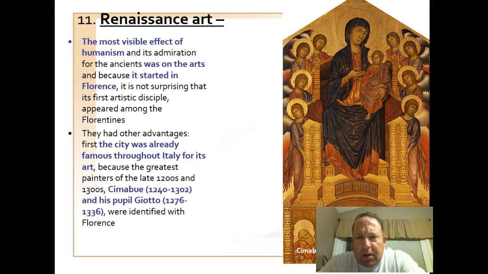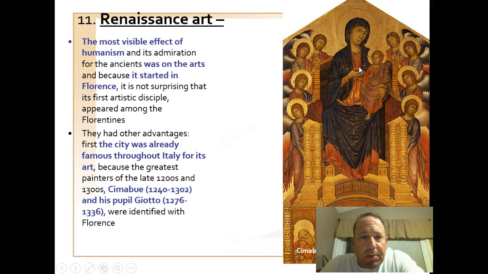When you look at these angels, they all look the same. There is no attempt to make them look different or distinct from one another. Then let's look at Mary's face. She looks very serious, with little emotion, or solemn. So that is medieval art.